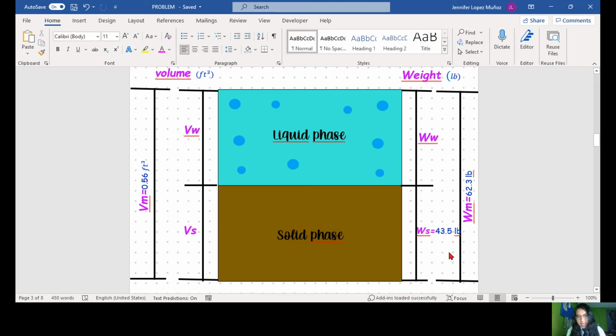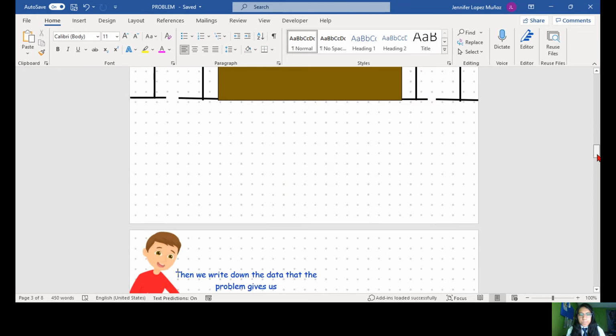The solid weight corresponds to 43.5 pounds, and the sample weight is equal to 62.3 pounds.